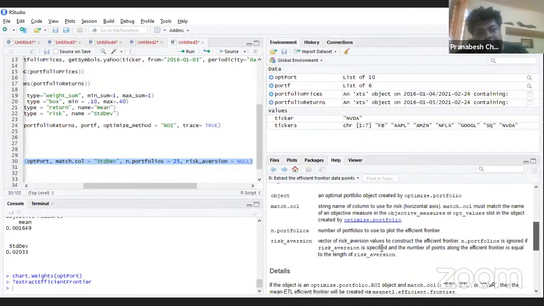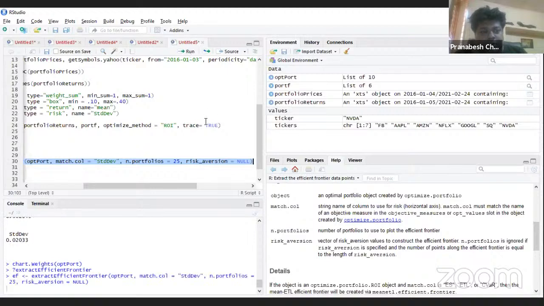So based on a given standard deviation, you have to balance out what your most optimum portfolio is. The efficient frontier tells you the point at which your portfolio is most optimized, not the position at which the portfolio gives you the max return. No, it doesn't do that. Your objective is never in a financial market only to maximize your return. You have to cover your back. So that is one of the most important things.